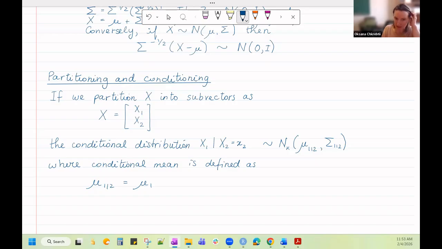Okay, so that's going to be the mean partition corresponding to x1, plus sigma 1, 2.